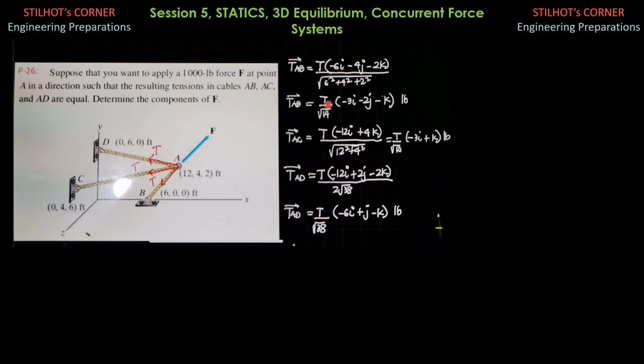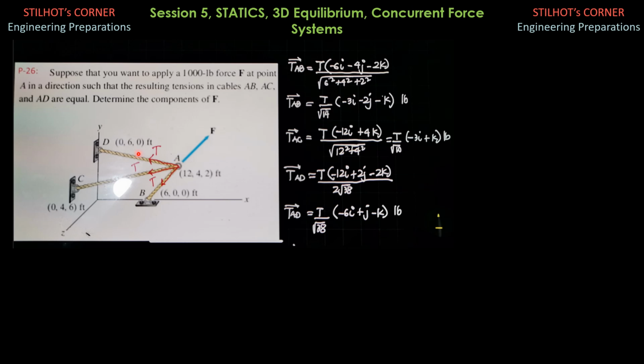Simplifying, tension AB is T over square root of 14 times quantity negative 3i minus 2j minus k, in pounds. Tension AC, A to C, is 0 minus 12, negative 12i, 4 minus 4, so 0j, 6 minus 2, positive 4k, all over the square root of 12 squared plus 4 squared. So it is T over square root of 10 times quantity negative 3i plus k, also in pounds.